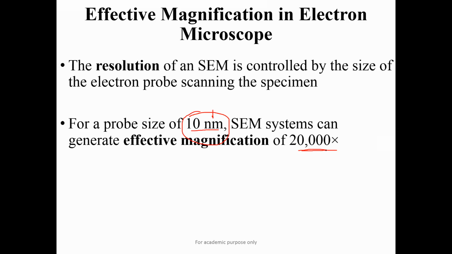Instead of just increasing your magnification, you should increase your effective magnification. How can we increase it? By decreasing the probe size, meaning by increasing the accelerating voltage, as well as by modifying the alpha value. So you should always keep this in mind.